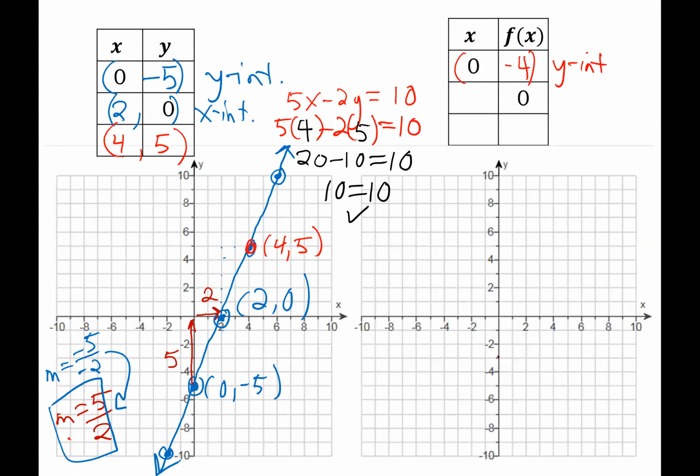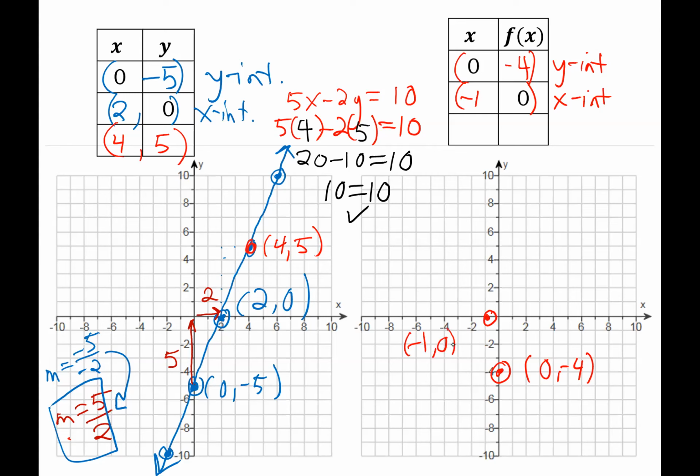Down here on the y-axis, that's 0, negative 4. And then we also had our x-intercept, which was negative 1, 0. And that's over here on the x-axis, negative 1, 0.